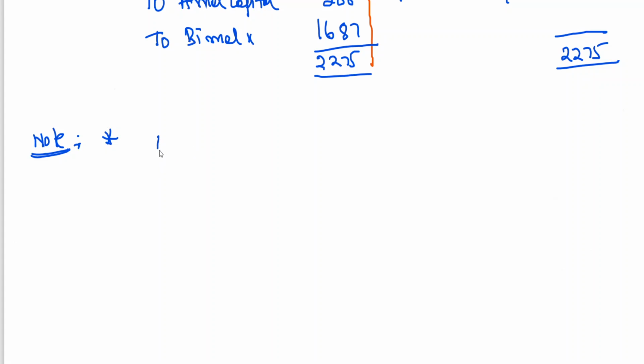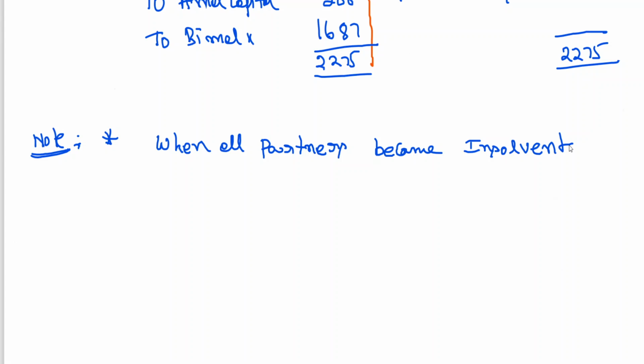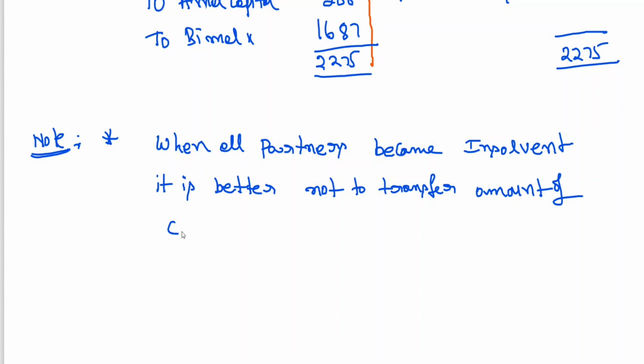When all partners became insolvent, it is better not to transfer the amount of creditors to realization account.